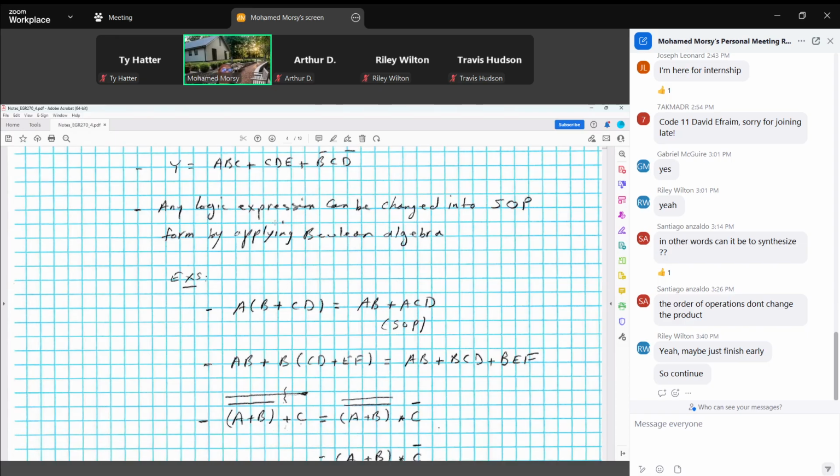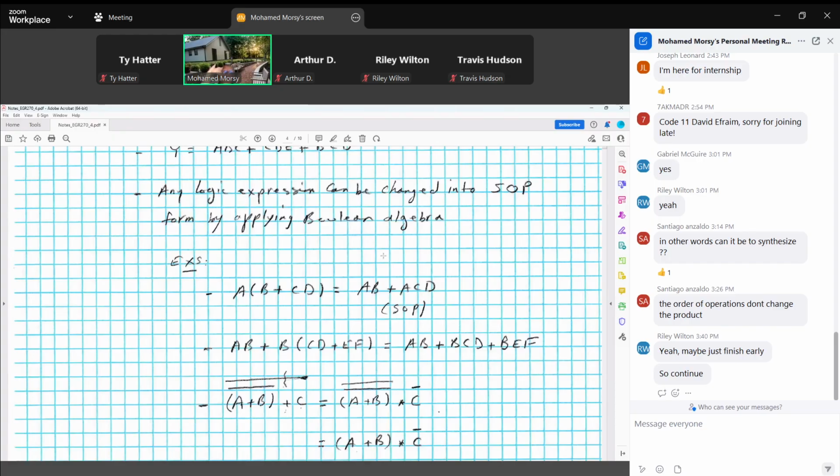Any logic expression can be changed into sum of products. Any logic expression you have, you can convert it to sum of products by applying Boolean algebra using the properties we mentioned. We can convert any form of Y or F, Boolean function, to sum of products.